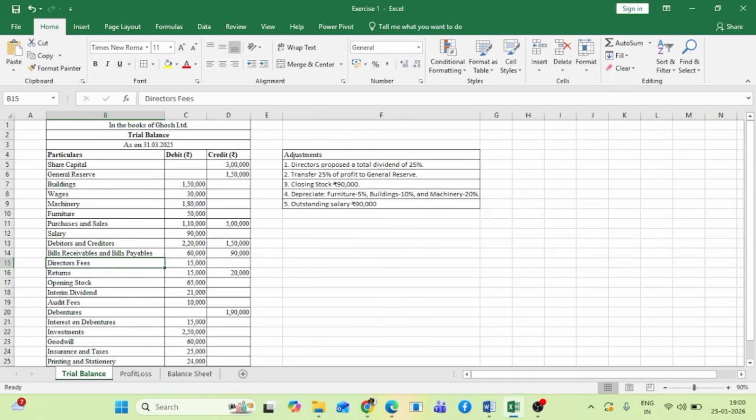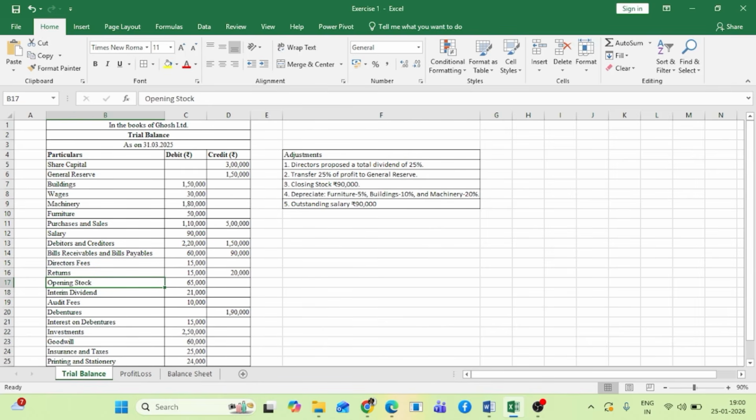One is purchase return and another is sales return, so we need to identify which is which. Purchase is a debit balance, so the opposite, a credit balance, will be purchase return. Sales is a credit balance, so the opposite, a debit balance, will be sales return. In this case, my purchase return is 20,000 and my sales return is 15,000.